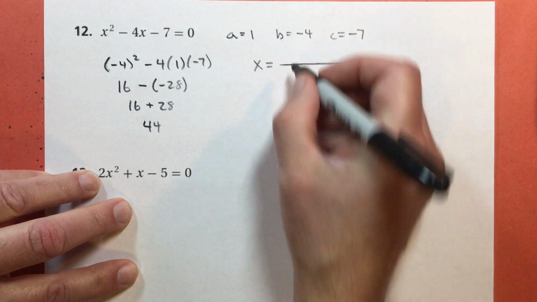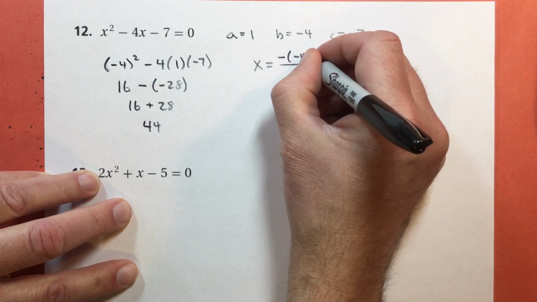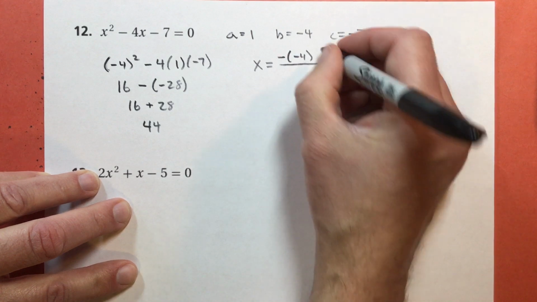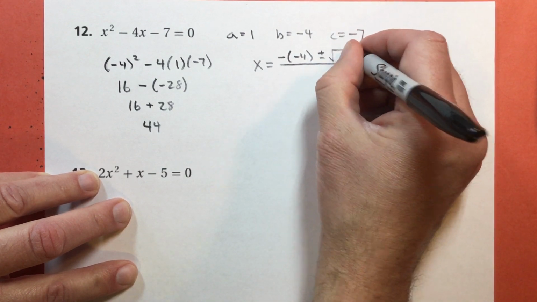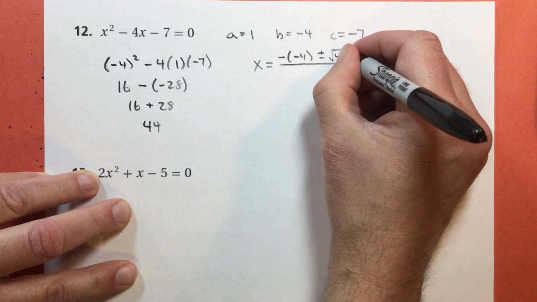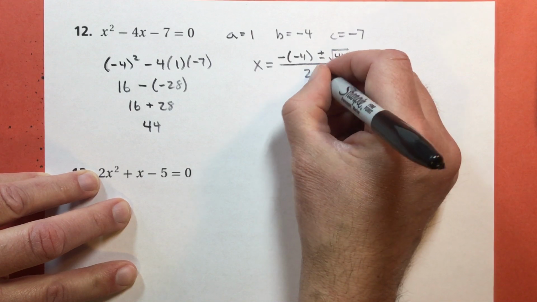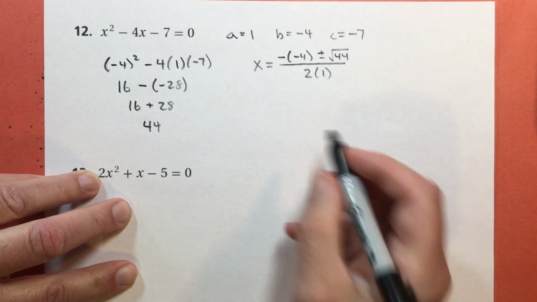Now my quadratic formula, I find the opposite of -4, which is the opposite of b, plus or minus the square root of that number I just found, 44, divided by 2 times a, which is 2 times 1.